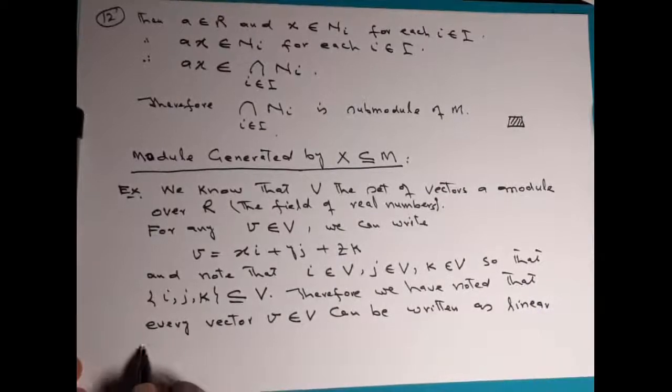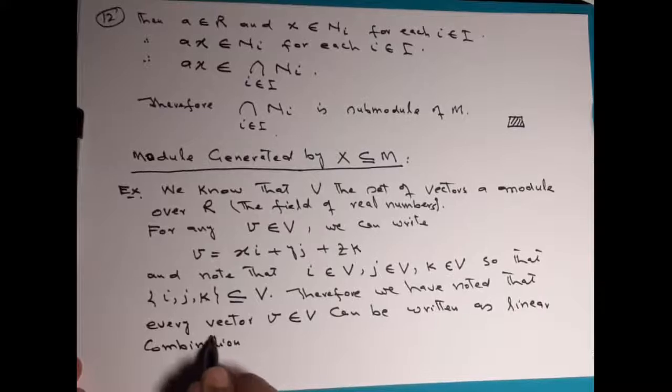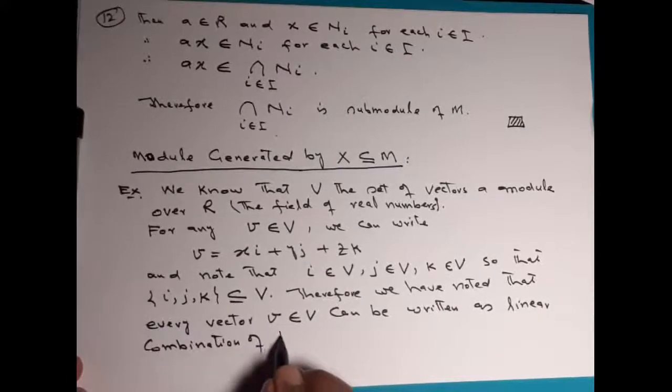Can be written as a linear combination of elements of this particular subset i, j, k.